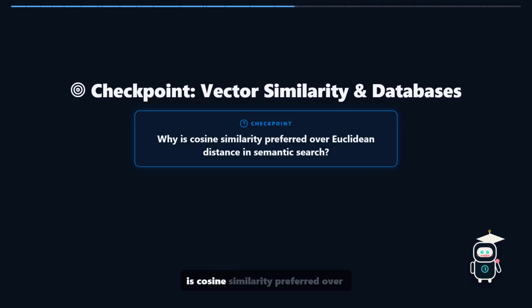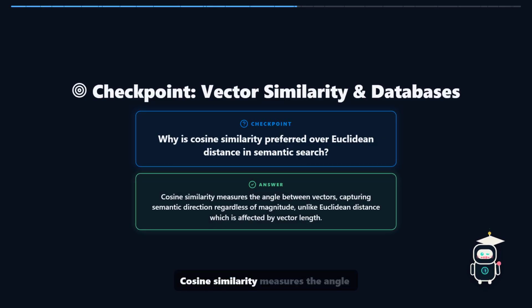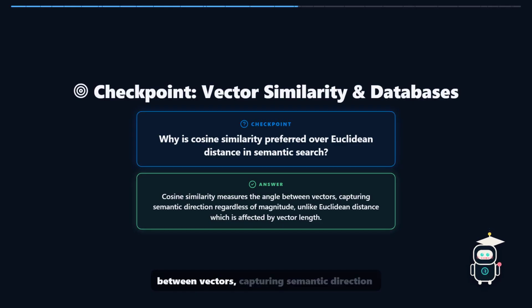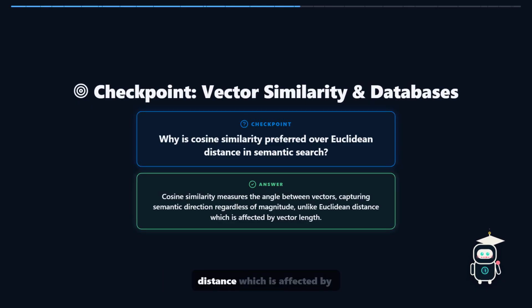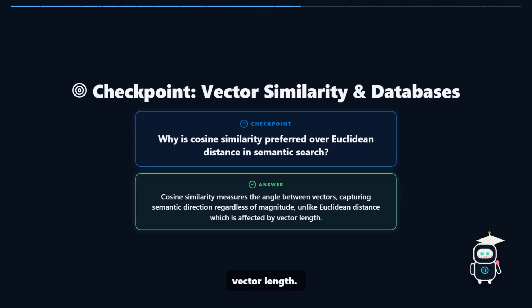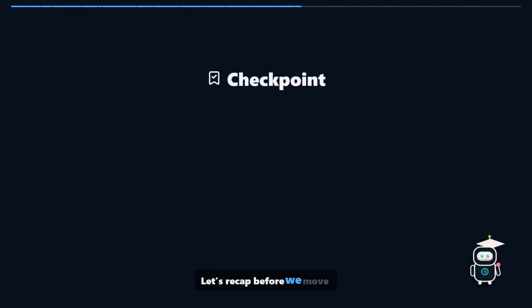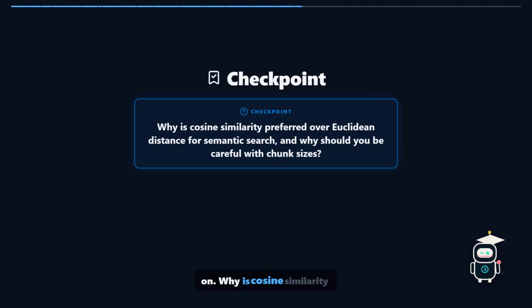Let's lock this in. Why is Cosine similarity preferred over Euclidean distance for semantic search? Cosine similarity measures the angle between vectors, capturing semantic direction regardless of magnitude, unlike Euclidean distance, which is affected by vector length. Let's recap before we move on. Why is cosine similarity preferred over Euclidean distance for semantic search?